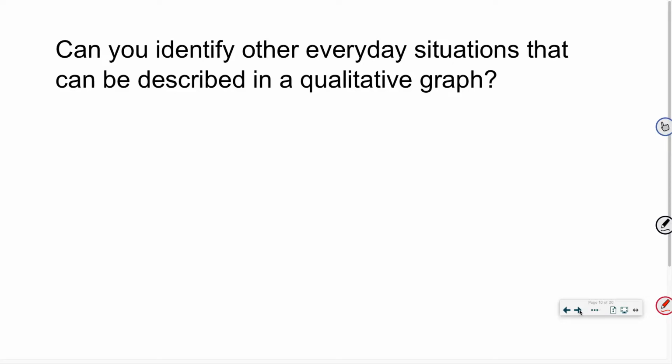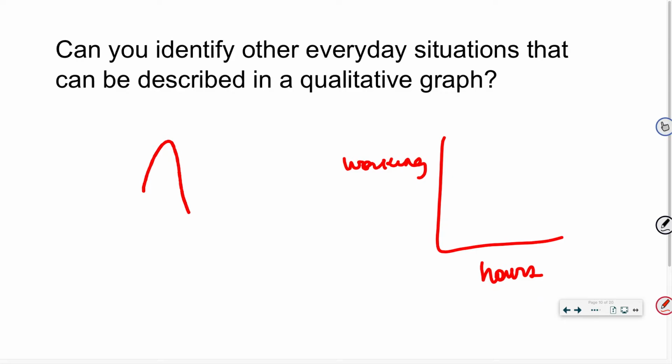If someone's working a longer shift and someone else is working more equal. Okay, so maybe the number of people working and the hours that are passing. What else could we put in a qualitative graph? Sales is a big one. Yeah, a lot of companies will show sales, like up months versus down months, where they sold more, and then maybe not as much. There's so much information that you can represent qualitatively.